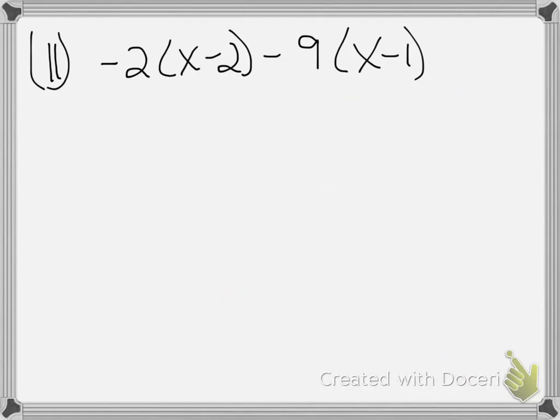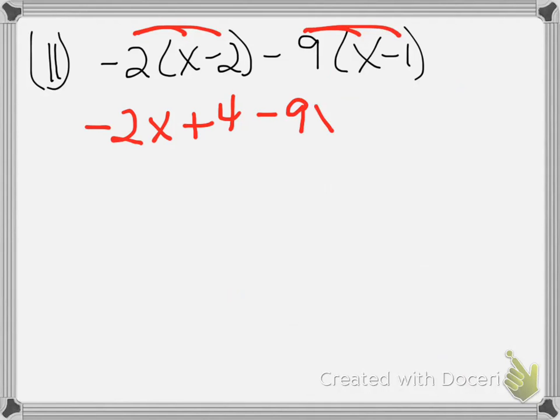Number 11, I'm going to solve this for x, but first I'm going to distribute. Oh, I'm not solving, I'm sorry. I'm going to simplify this. So first I'm going to distribute, so I have negative 2x plus 4 minus 9x plus 9. Make sure you distribute the negative with your 9 and the negative with your 2. Now, this is not an equation.